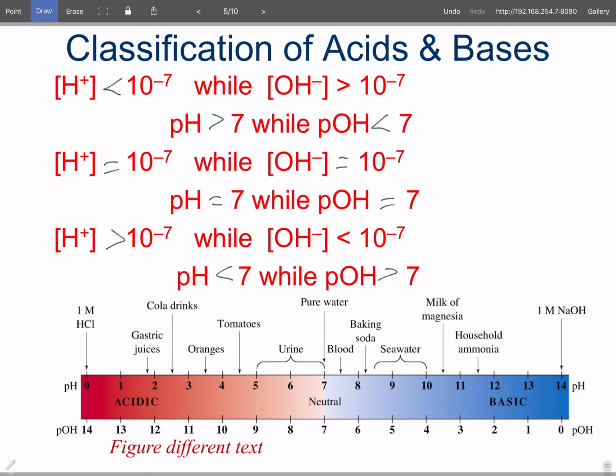So if you look at this little chart here, this is kind of cool. I took it from, I think, the other Pearson text. But we're going to start down here with a pH of 0, which has a pOH of 14. So the smaller the pH, the more concentrated it is in terms of the more acidic it is. And if it's greater than 7, then it's basic.